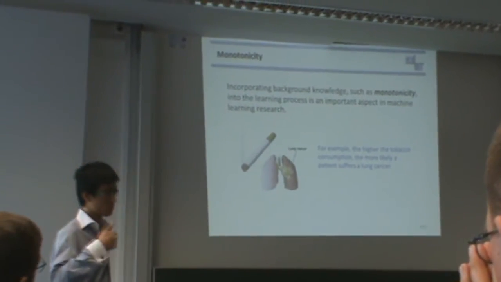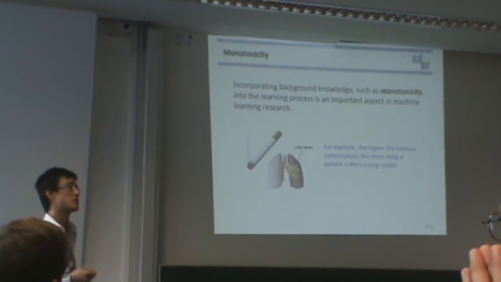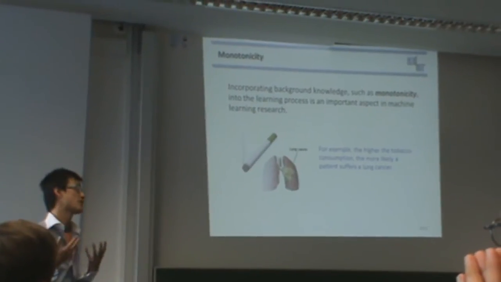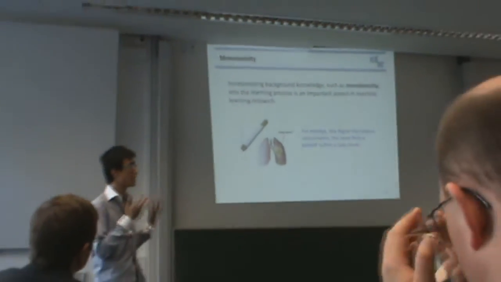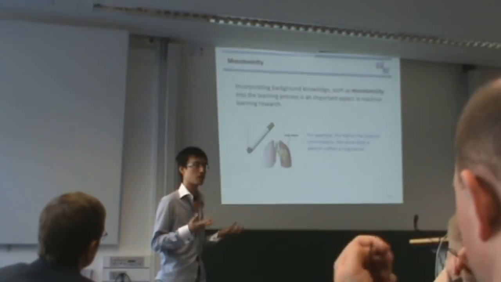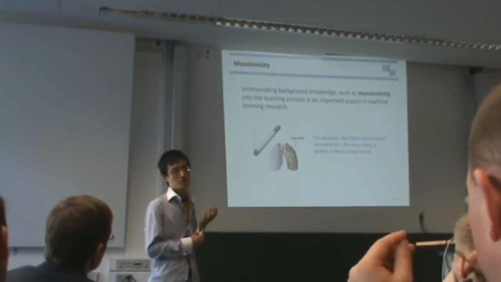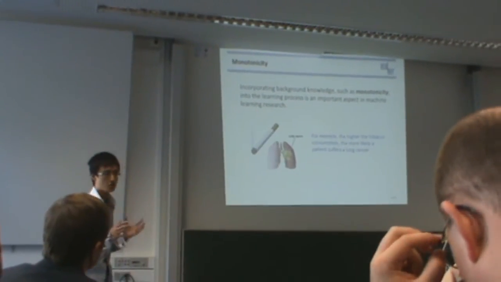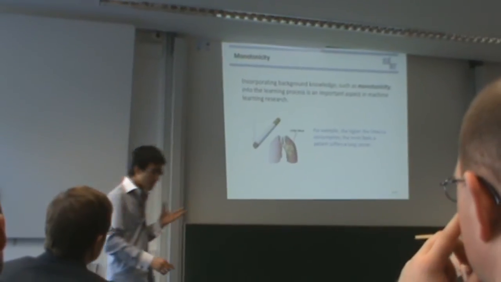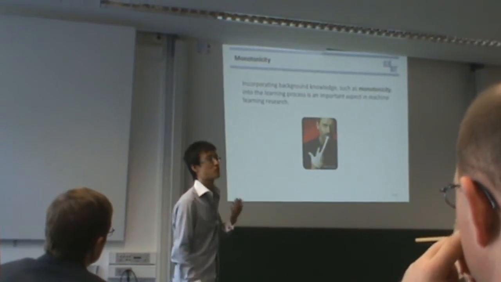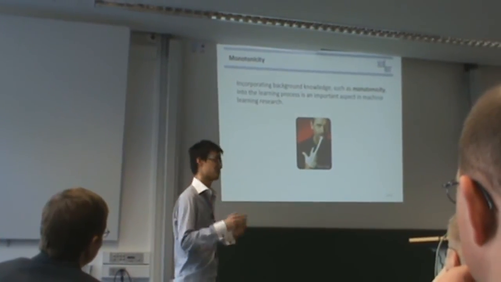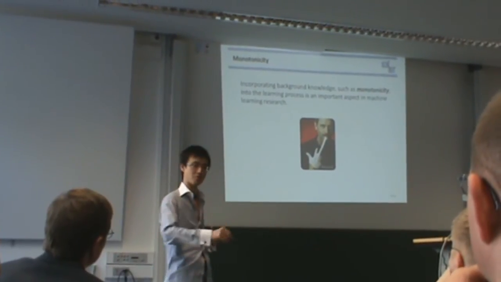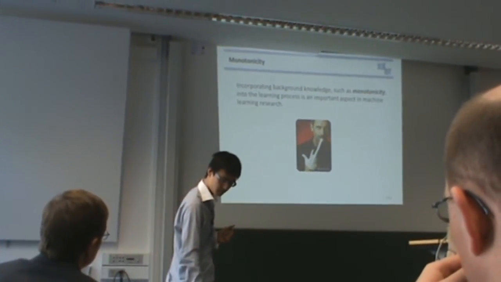If you want to predict how likely a patient has cancer, then you would like to have something like: the more the patient smokes, the more likely they get cancer, right? And if your model cannot ensure this, probably a medical doctor would not trust the model. It probably leads to a dislike of the model and they just give up on it.